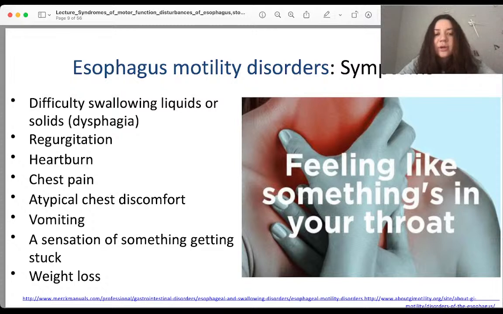It can be atypical chest discomfort. In some cases, patients can feel vomiting, a sensation of something getting stuck, and in severe cases, weight loss. On the picture on the slide, you see the image of a feeling like something in your throat. It's very often a symptom for such patients.